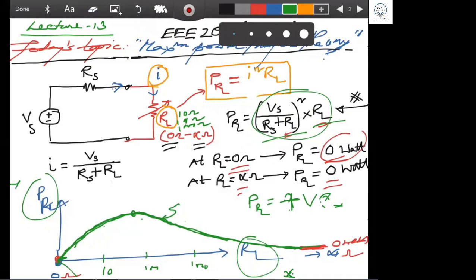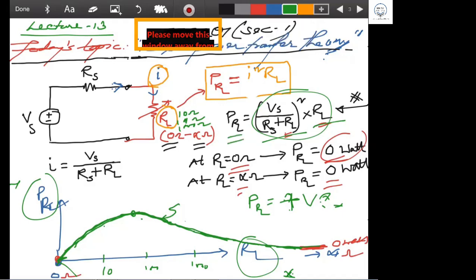Otherwise I cannot understand whether you are really listening to me and understanding me or not. Yes or no? Do you get it that the PRL and RL relationship is coming from this equation? Do you understand this? Yes, sir. All right, good.